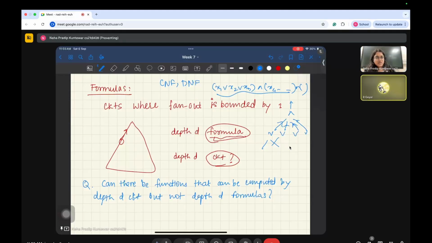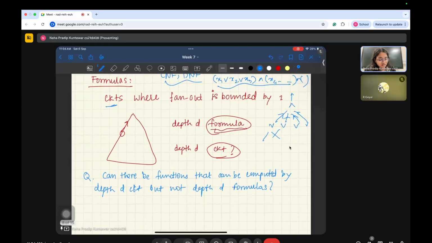Yes, and every Boolean formula can be written in the form of a CNF. That is also correct. So these were the same formulas that we were using. It's just that we did not define it that way at that time, because we hadn't introduced circuits.